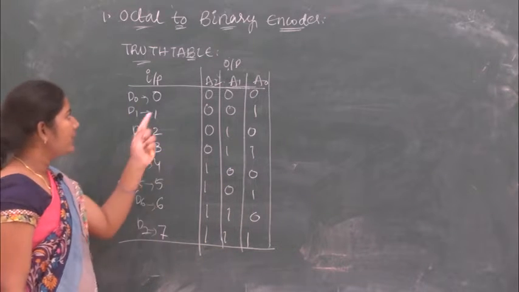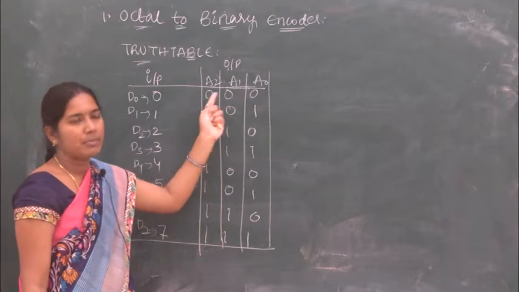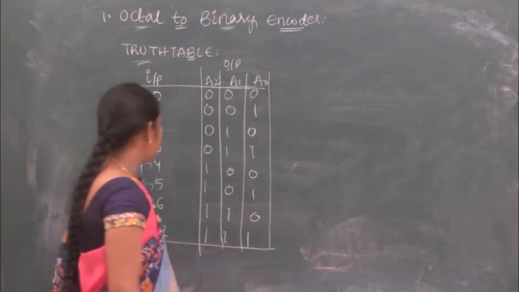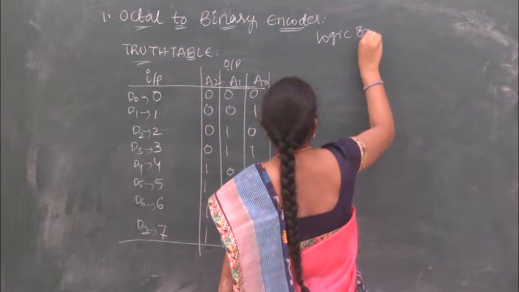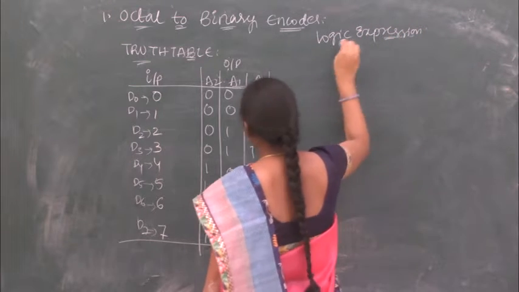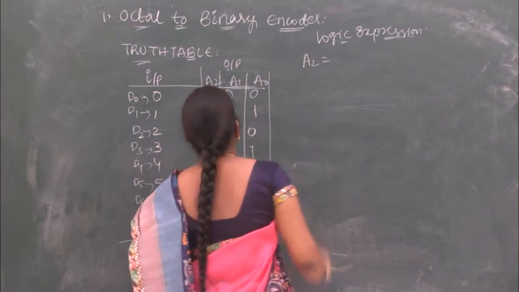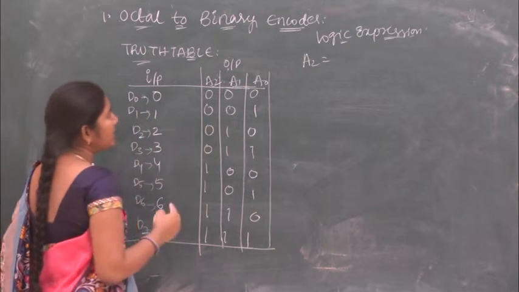Now, we need to find the logic expression for each output, right? Here the outputs are 3. For A2, the logic expression is what?